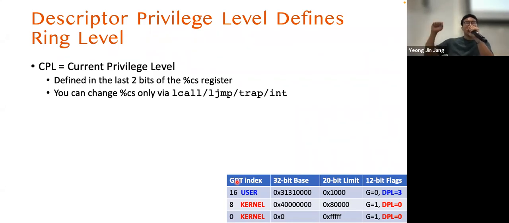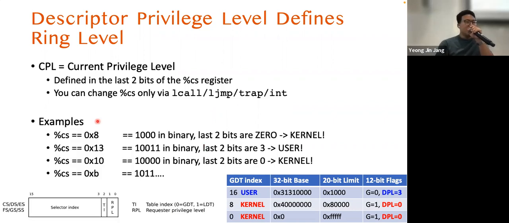That's why they use the last 2 or 3 bits for hiding the privilege level. Whenever we use a long jump, it is the instruction that lets us change the code segment register, and then we can set the privilege level.